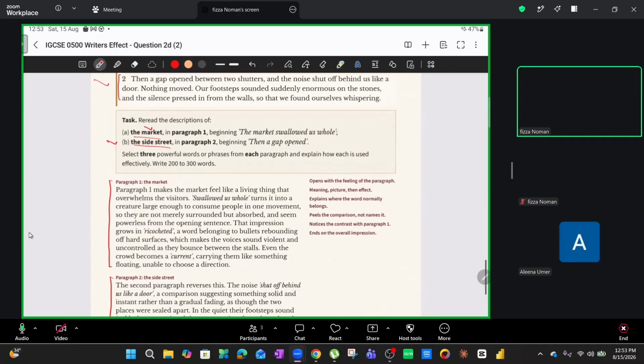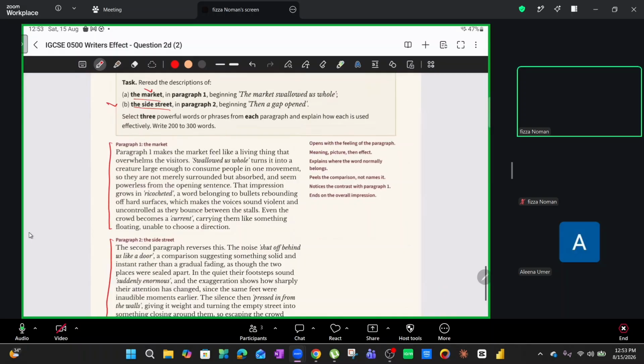So paragraph 1 makes the market feel like a living thing that overwhelms the visitors. A person does become overwhelmed if they have to go to a very chaotic and busy place. Swallowed us whole. Now you have to quote the text as well, Alina. That's important. So quote the text, quote that word, quote that phrase through which you are creating or defining meaning. Does that make sense?